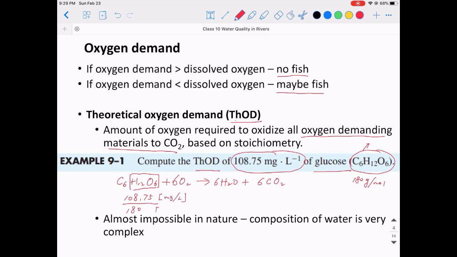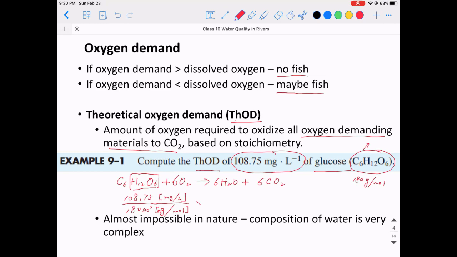All right. We should notice that the units here are milligram per liter, and here is gram per mole. To guarantee that the units are conserved, we need to multiply this by 1,000 to yield milligram per mole, right?